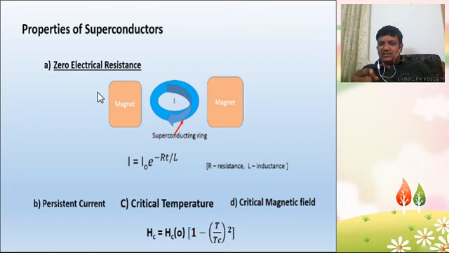This is for temperatures below Tc in metals. So when temperatures are below Tc in metals, the electrons are inside this.